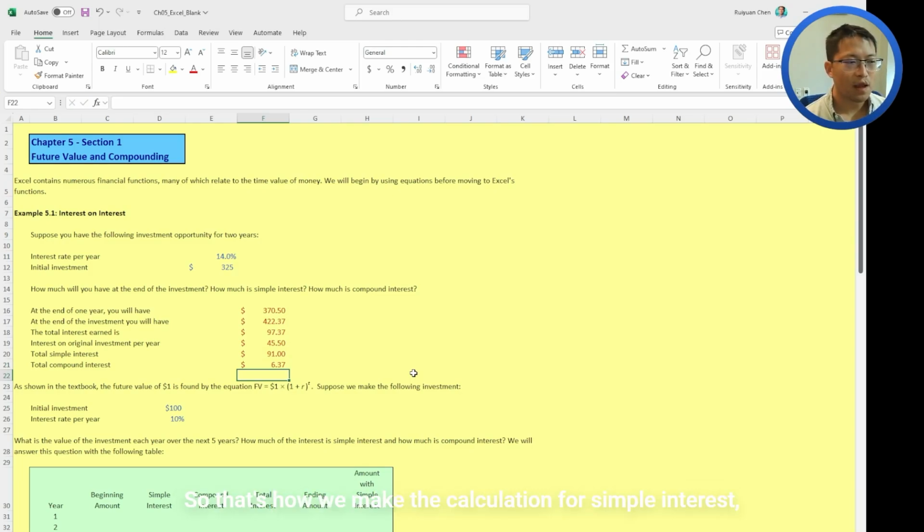So that's how we make the calculation for simple interest, total simple interest, and total compound interest. This practice gives us some idea about how to make those calculations. Once you're familiar with this calculation, we're going to move forward to the next one, which is a little bit more complicated than that.